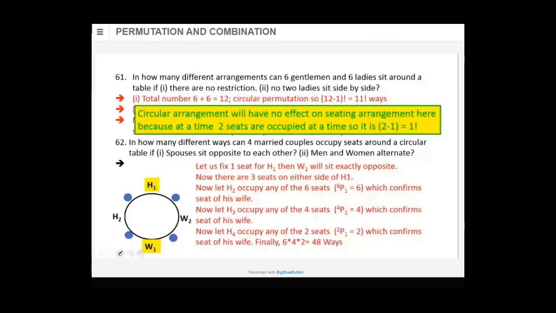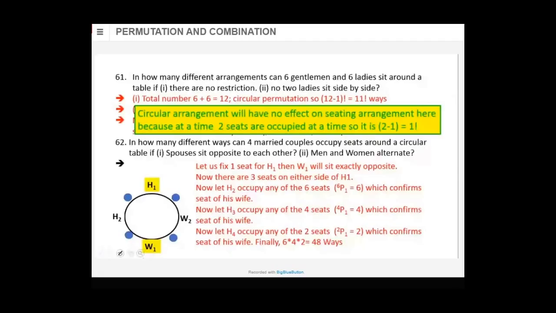Now, you may have this doubt. So say there, circular arrangement will have no effect on sitting arrangement. You may say, sir, you did nothing about circular here. Why not? Circular arrangement has no effect on sitting arrangement here, because at a time 2 seats are occupied. So 2 minus 1, which is 1 factorial.